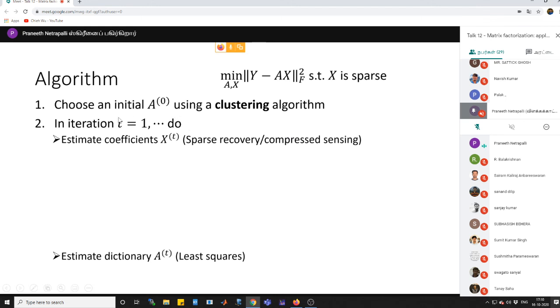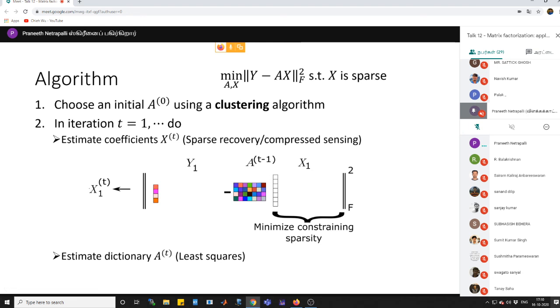And then in every iteration t equal to 1, 2, and so on, you first fix A, and then you estimate the coefficients X_t. This is just a sparse recovery or compressed sensing problem. Firstly, this decouples into different problems for each column.